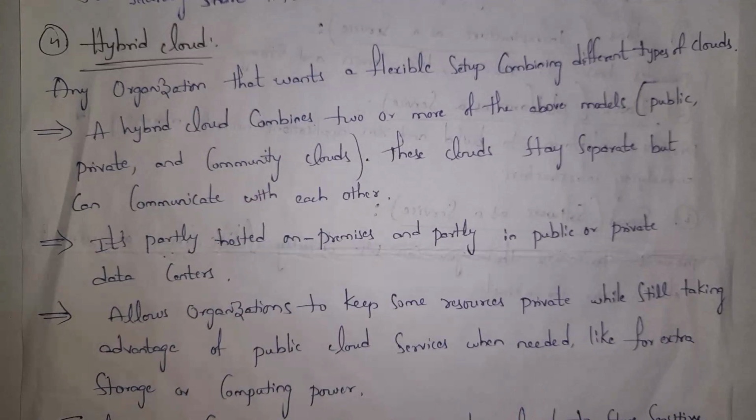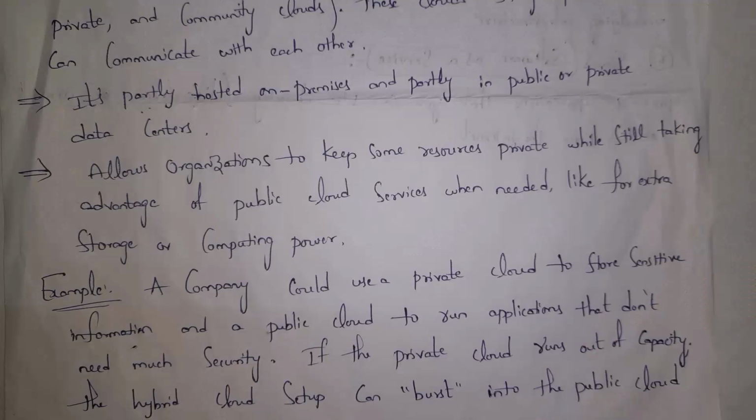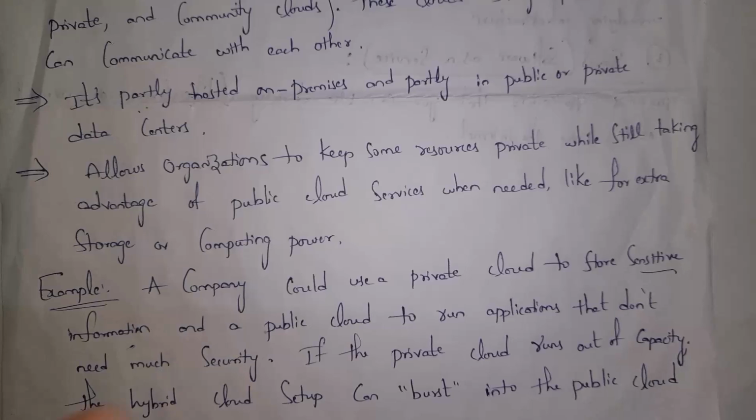It is partially hosted on-premises and partially in public or private data centers. For example, I will do a private cloud setup in my company and we will use some public servers. If there is any sensitive data, then we will store it in private cloud. And if there is any normal data, we will store it in public cloud. So based on requirement, we can store data in either public cloud or private cloud.